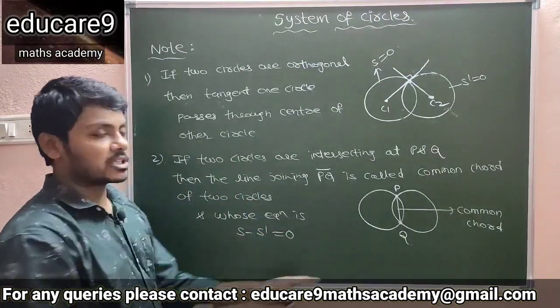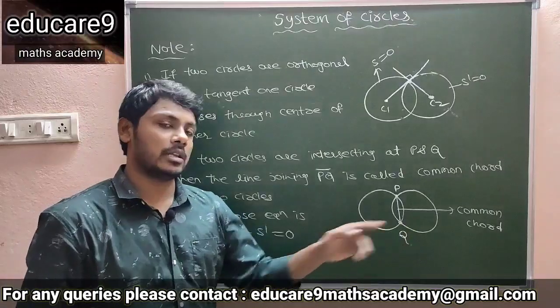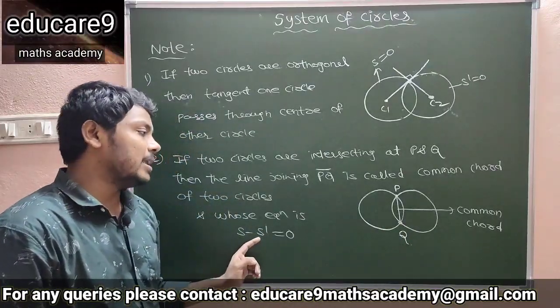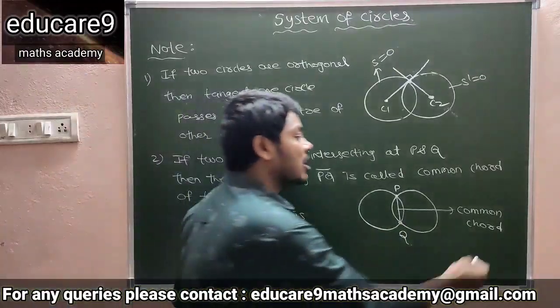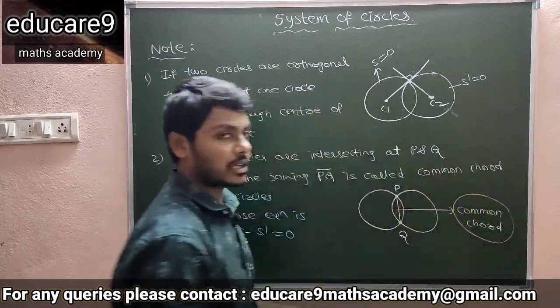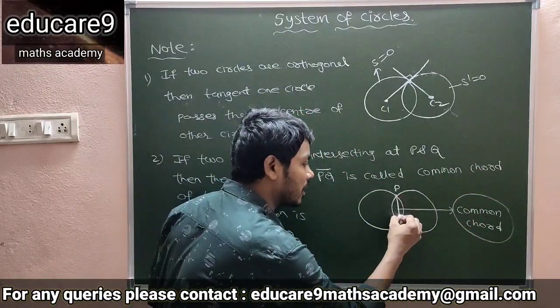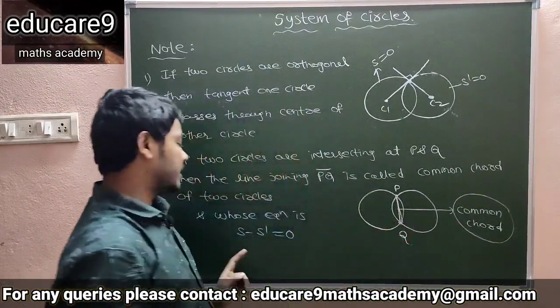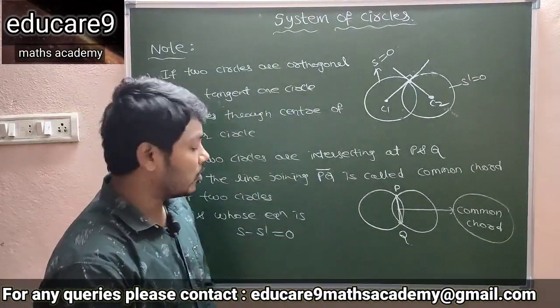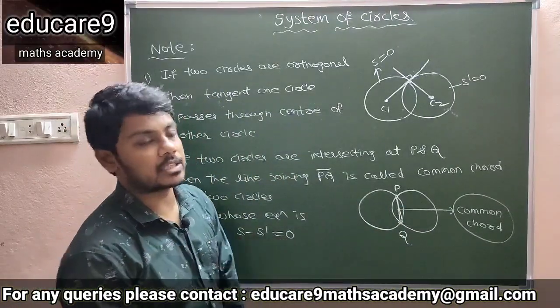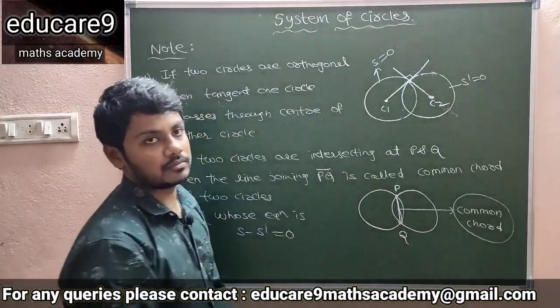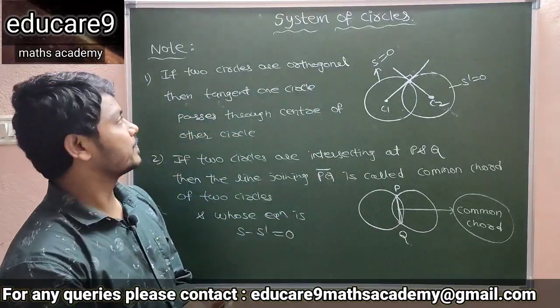Here S is the first circle and S dash is the second circle. So S minus S dash equals 0 is the common chord of two circles. This equation represents a line equation, meaning a linear equation.